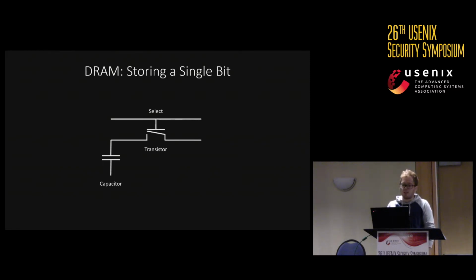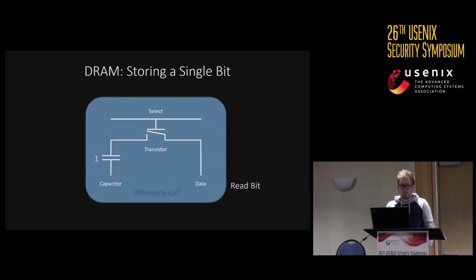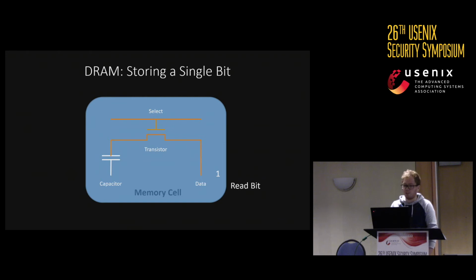We call the line that powers the base of the transistor the select line, and the line for accessing the storage we call data. The entire unit is then called a memory cell. We can read a bit stored in the capacitor simply by powering the select line, which switches the transistor to the on state, and then we can transfer the bit from the capacitor through the data line.